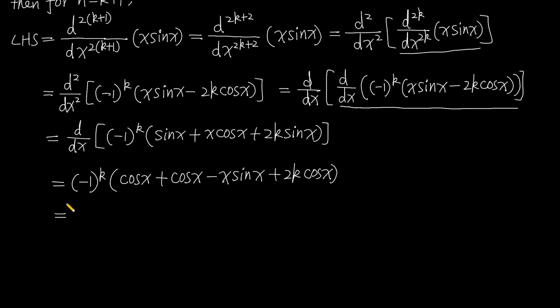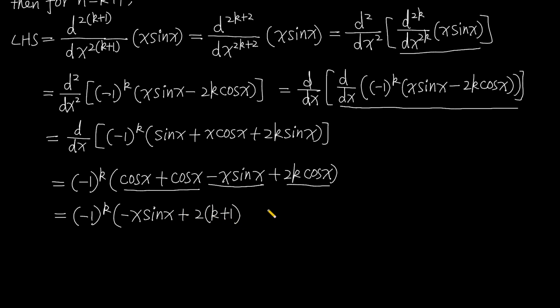This equals negative 1 to the power of k. And we move this one to here, minus x sin x. And then we combine these three together. So this is plus 2 multiplied by k plus 1 cos x.